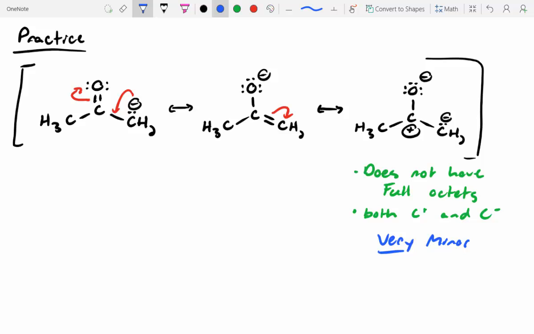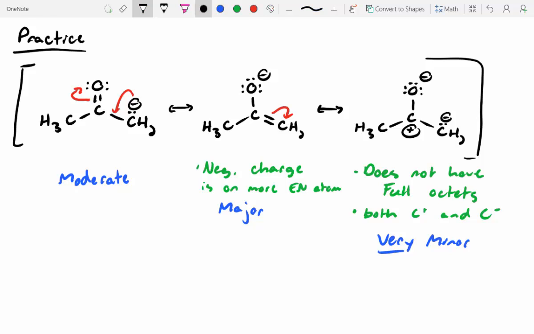So we can say that this will be major simply because the negative charge is on a more electronegative atom. That means that this is a moderate contributor.